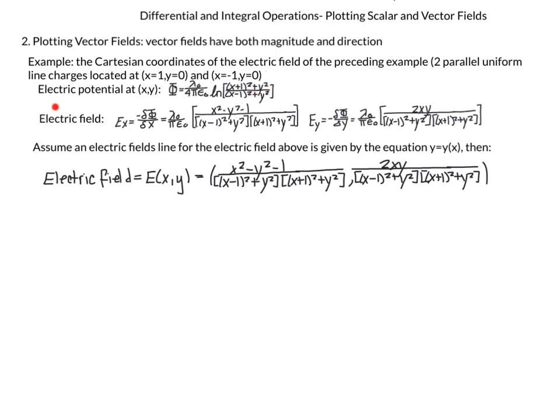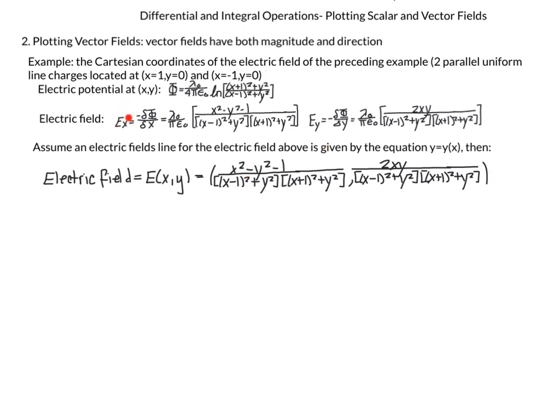So we can see that the electric field takes an x and y value, and its x coordinate is x squared minus y squared minus 1 over ((x minus 1) squared plus y squared) times ((x plus 1) squared plus y squared), and its y coordinate is 2xy over ((x minus 1) squared plus y squared) times ((x plus 1) squared plus y squared).